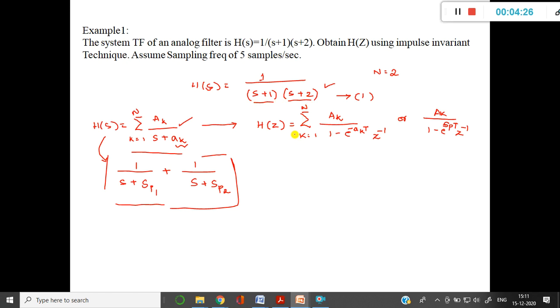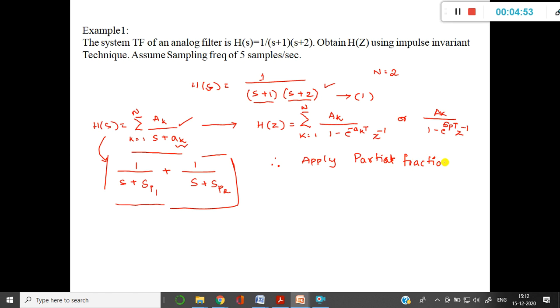There are two roots: one is at minus 1 and another one is at minus 2. So the technique I am supposed to apply is partial fractions initially. Apply partial fractions.